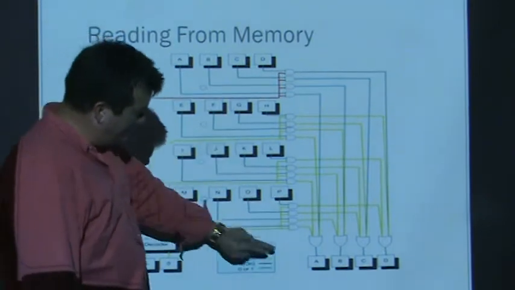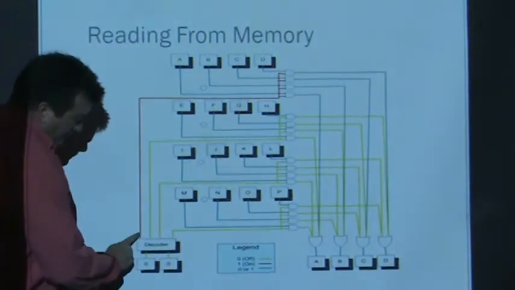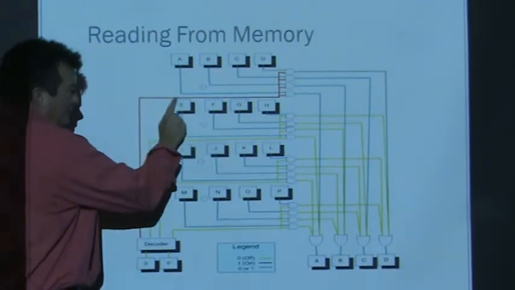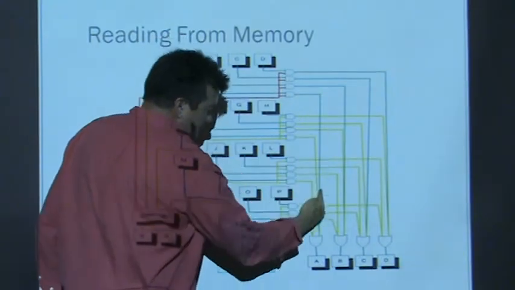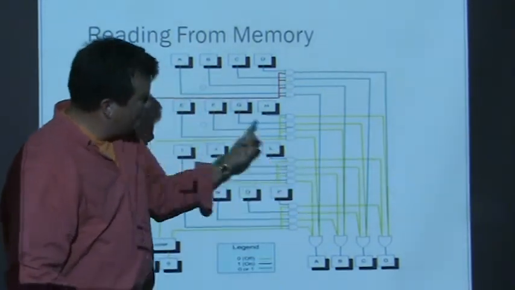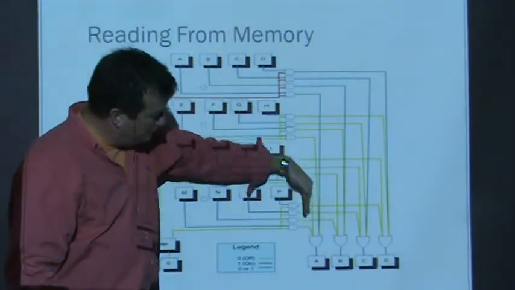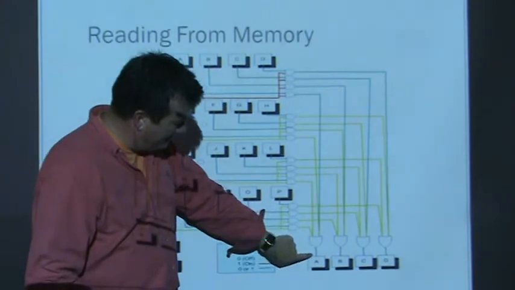So if we take, for example, what goes into this memory cell, if we put a 0 and a 0 here, then the value of A comes out of here and goes into this OR gate. And then a whole bunch of zeros go into the OR gate. So it's the value of A plus a bunch of zeros all get ORed together. So what would come out of here?